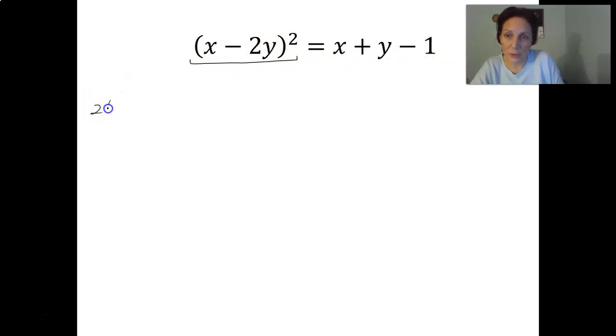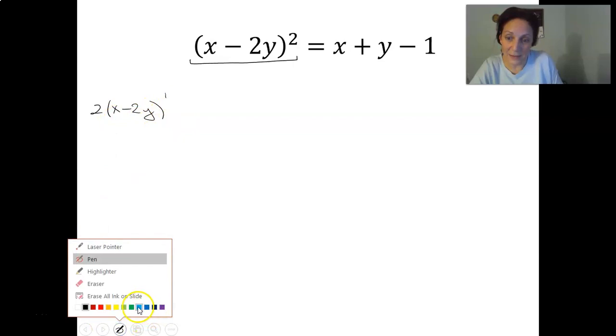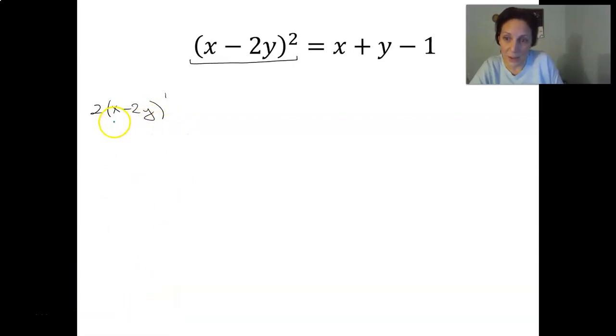All right, so let's do the chain rule over here. I have 2 times the quantity to the first, and then I'm going to do my chain rule piece. Again, this is where my dy/dx is going to pop out. So I'm going to take this and do the derivative.